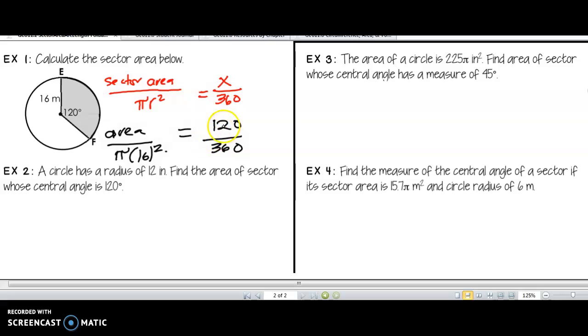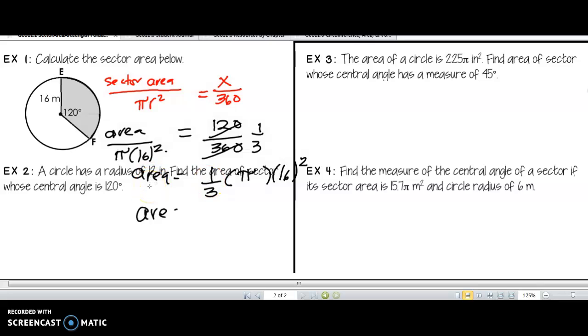Now, if you reduce 120 over 360, this will just be 1/3, right? So going back here, the area is equal to 1/3 times pi and 16 to the second power.